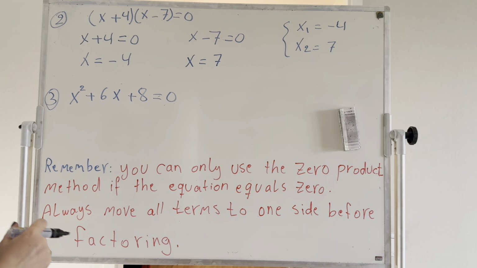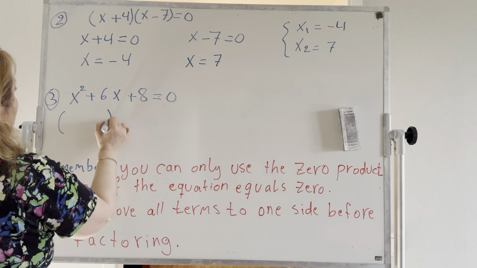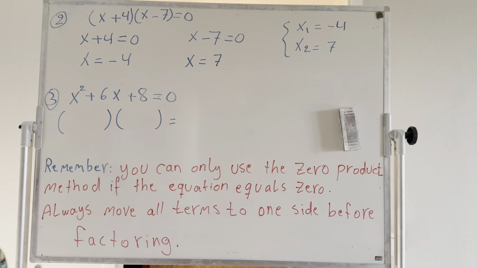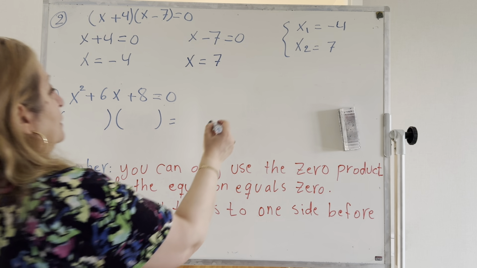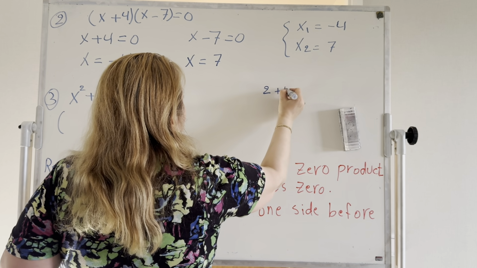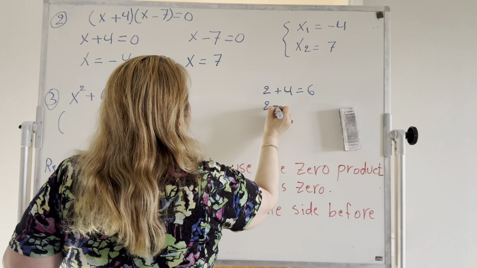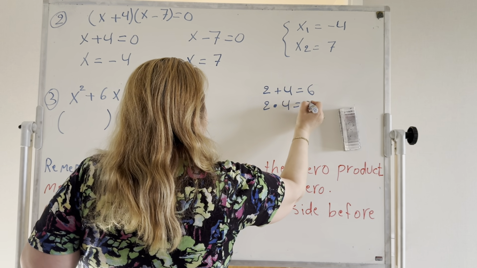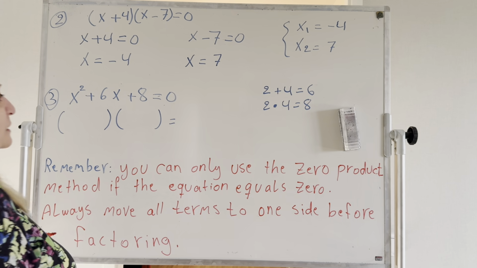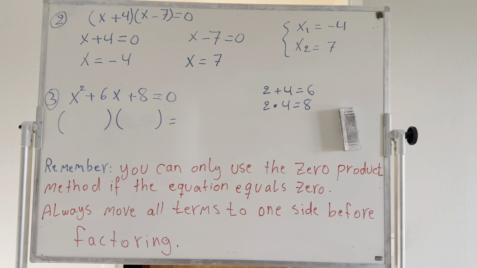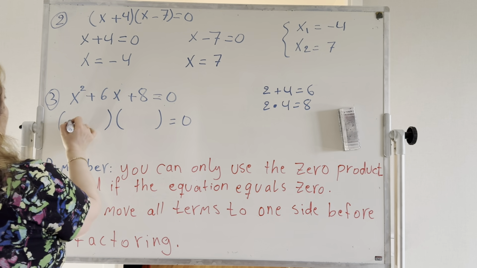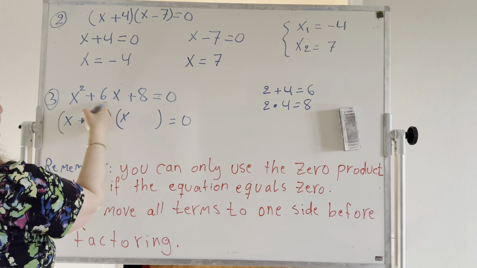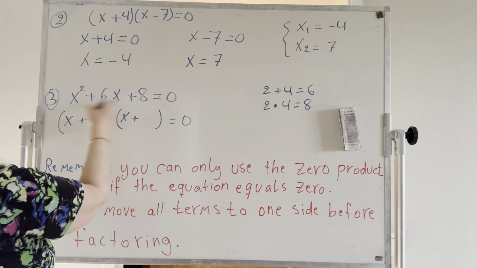The third example, we have x squared plus 6x plus 8 equals 0. We know 2 plus 4 equals 6 and 2 times 4 equals 8. So the numbers we will use here are 2 and 4. x, x, plus, because I have plus all the way.